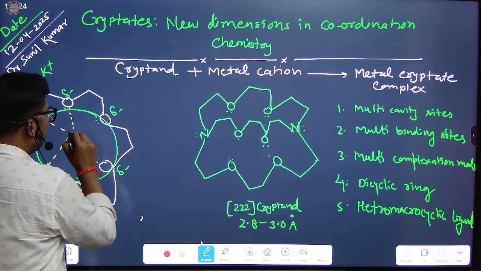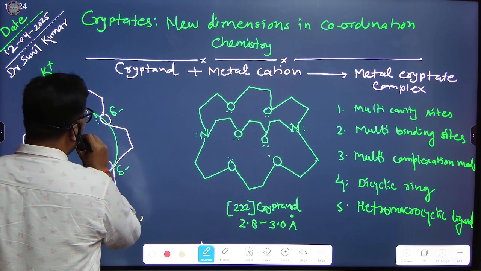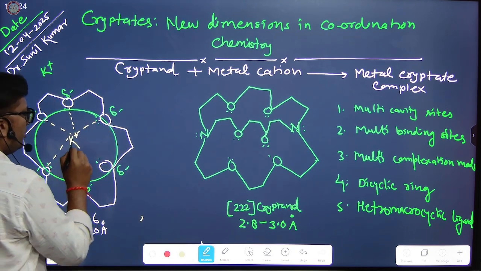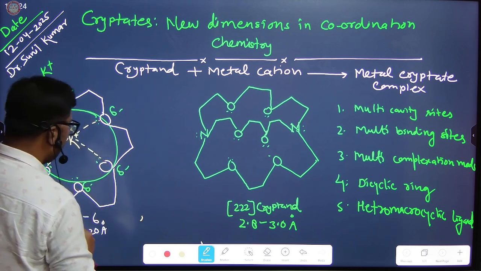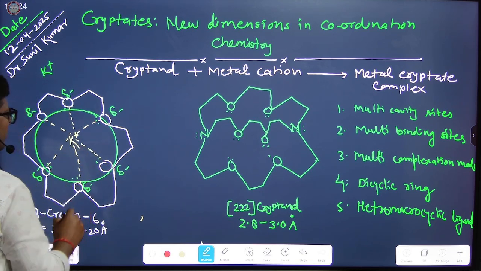So there is a complexation of the oxygen donors towards the metal cation, right?